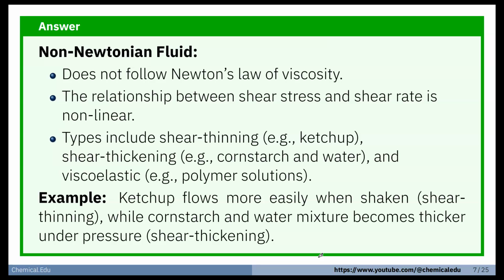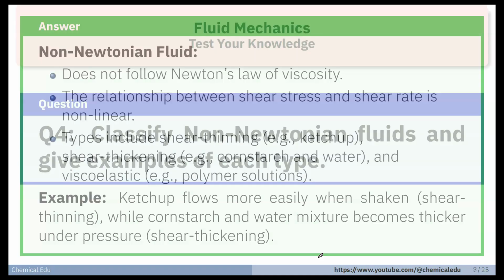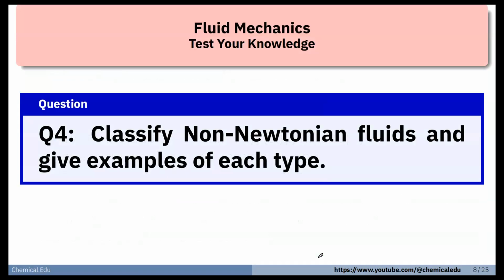Example: ketchup flows more easily when shaken, meaning shear thinning, while cornstarch and water mixture becomes thicker under pressure, that is shear thickening.